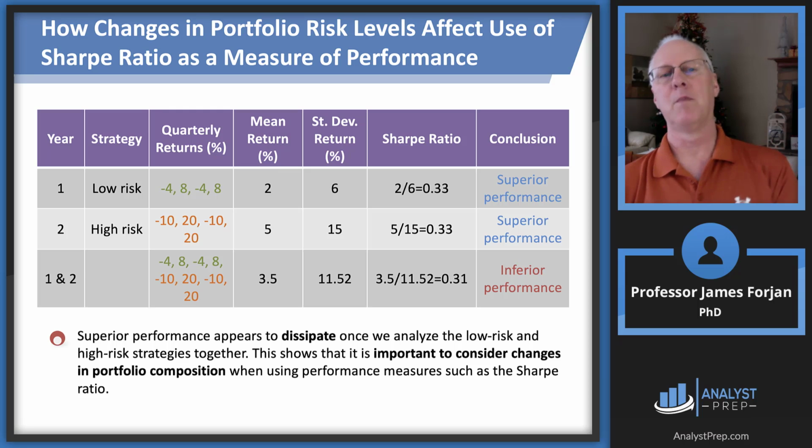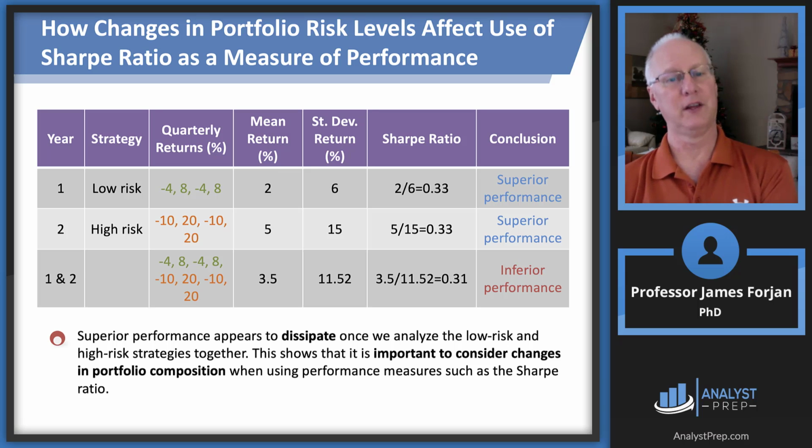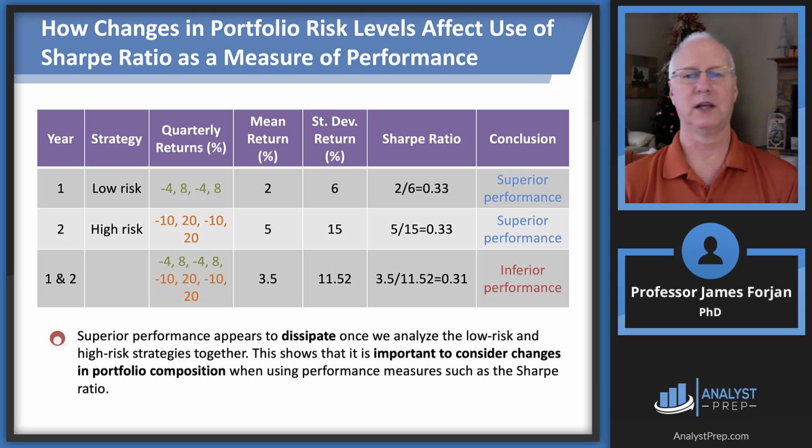But if you lump all those quarterly returns together, compute the mean and the standard deviation, notice the mean is exactly in between 2 and 5. But the standard deviation is not exactly in between because of the way you calculate standard deviation. Sharpe ratio is only 0.31, which indicates inferior performance.